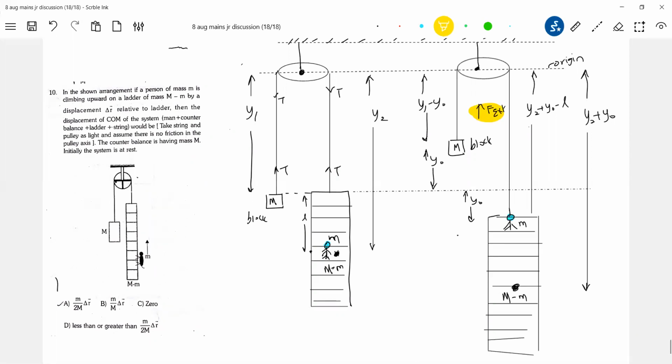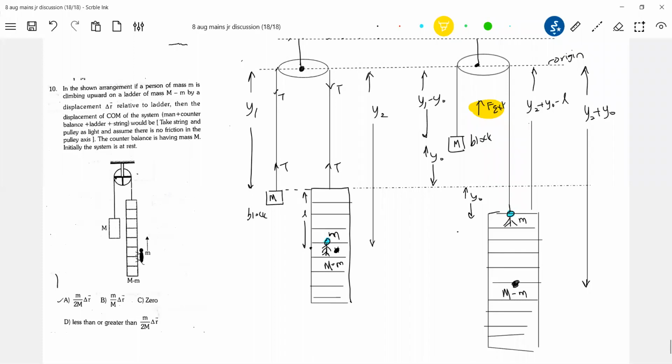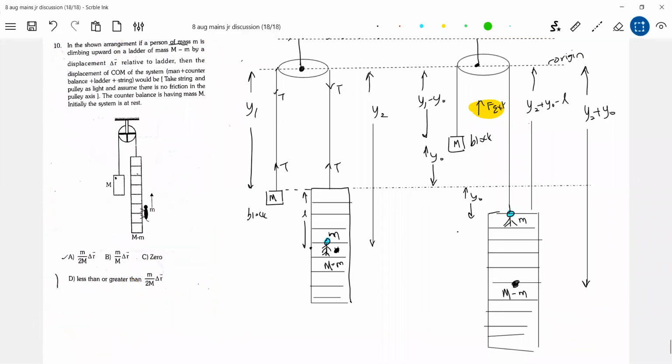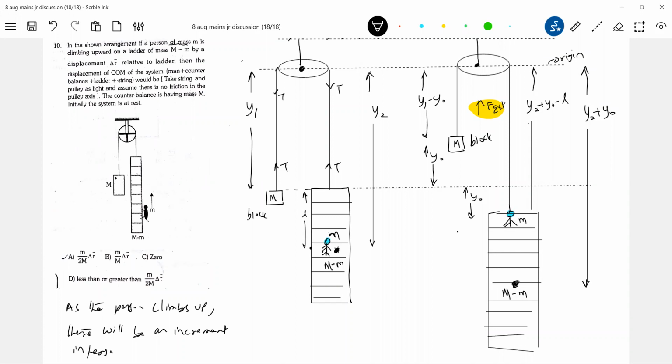Any reason for that? As the person climbs up, there will be an increment in tension in the string. He will climb slowly.